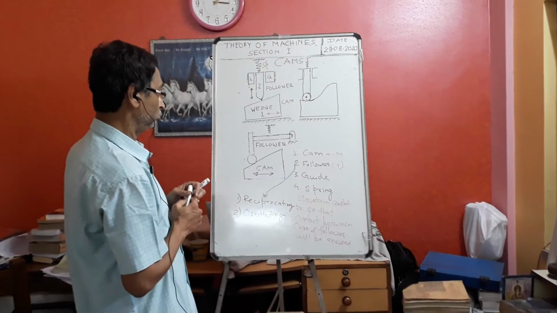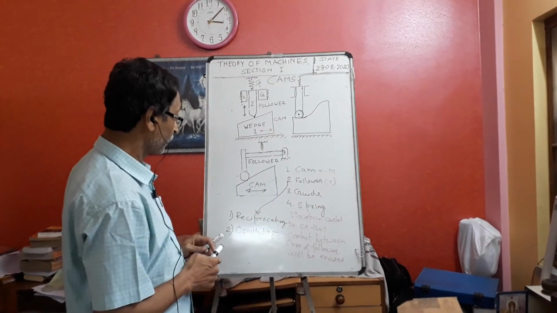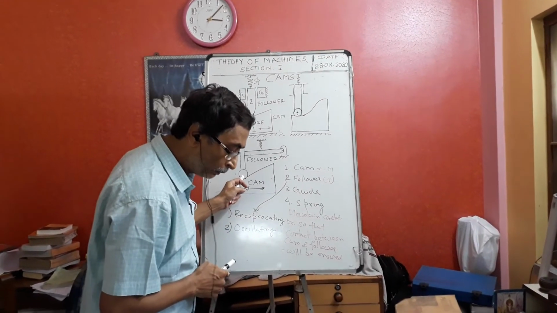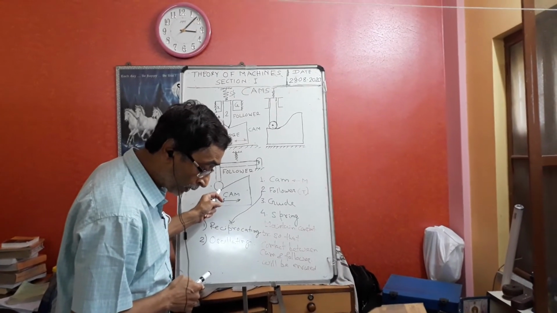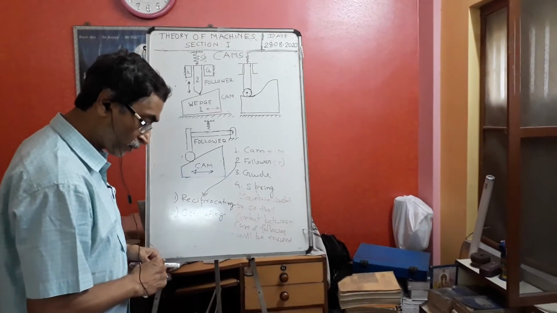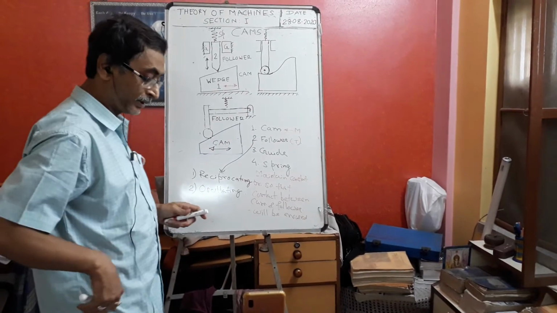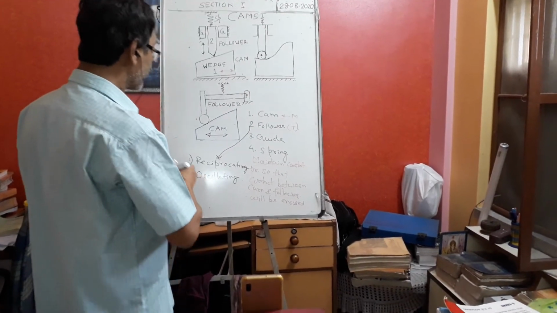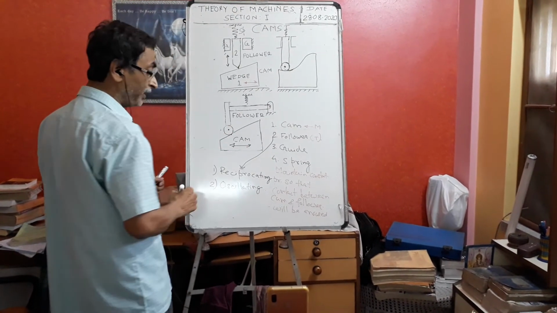Now, you see this one, the contact point. Friction will exist. Yes, that is the question. So let me explain. She is asking, why will this friction exist or not? Okay, definitely it will exist.